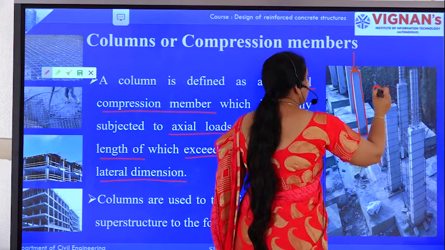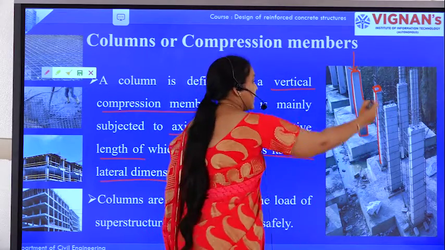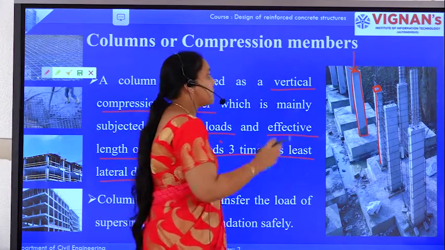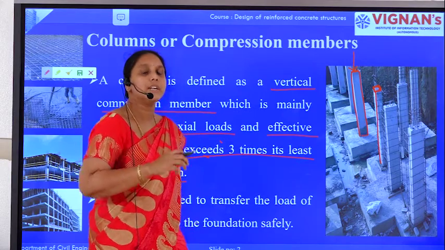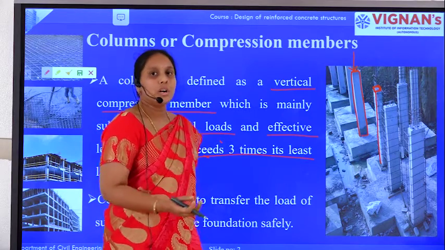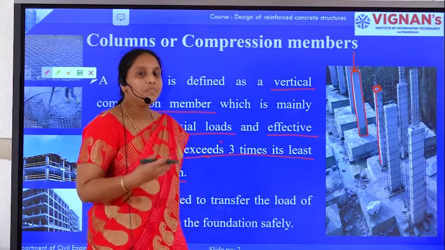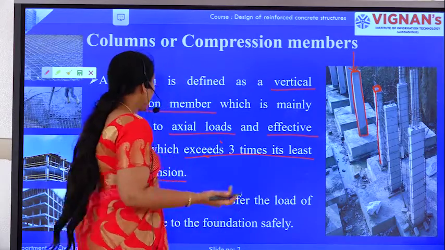If it is a rectangular column, 3 times the least lateral dimension will be compared with the effective length of the column. That vertical compression member on which the axial loads act, which is subjected to compression as well as bending, is called a column.